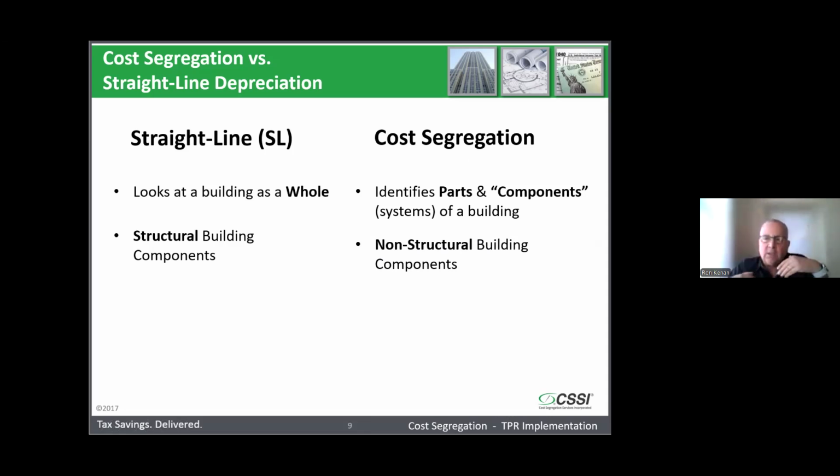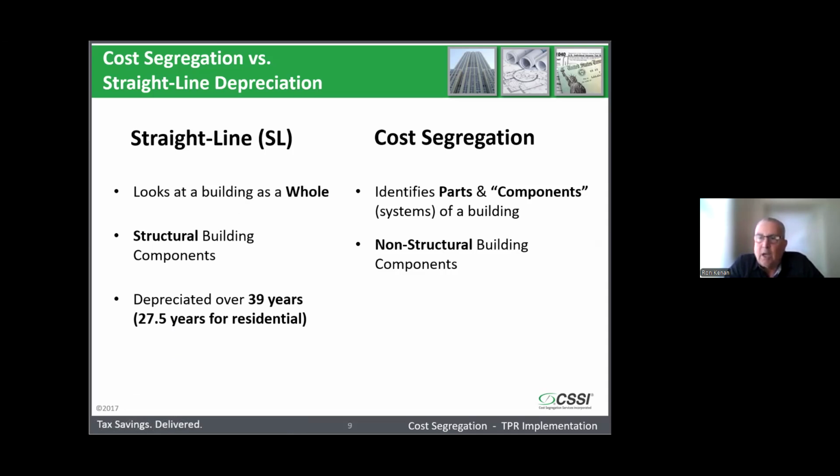So there are a lot of different components that are included in it. Special electrical, special plumbing, etc. Straight line depreciation means that the property depreciates over 27 and a half years for residential or 39 years for commercial.